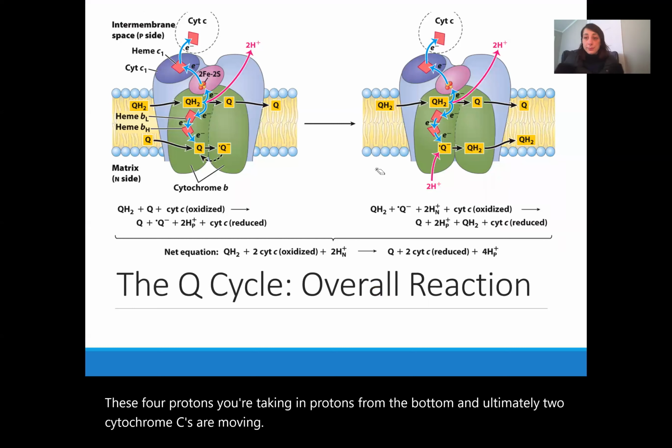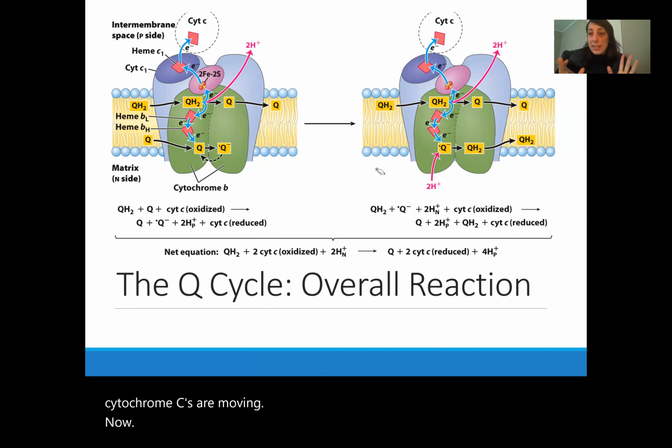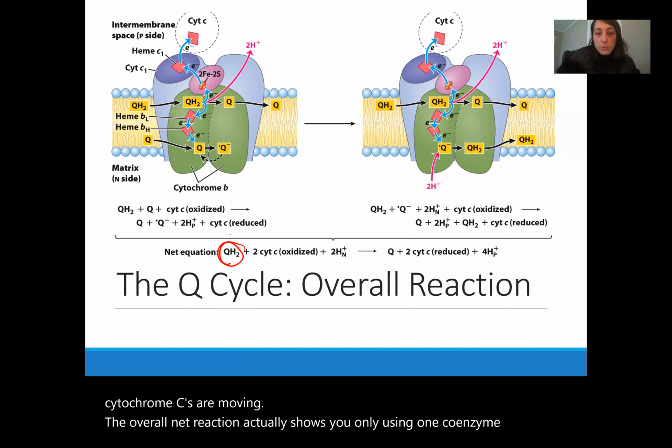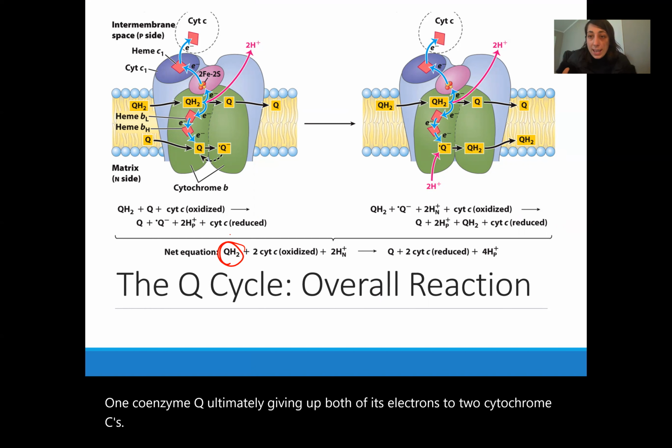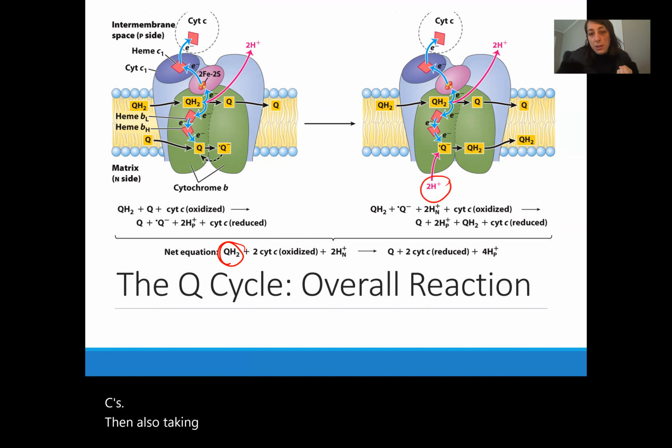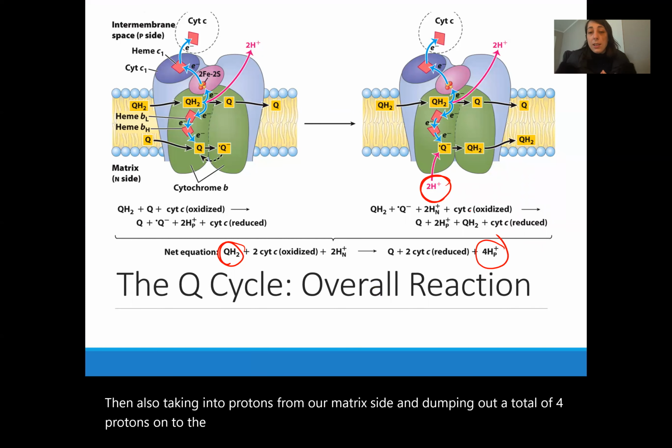Now, the overall net reaction actually shows you only using 1 coenzyme Q, 1 QH2. 1 coenzyme Q ultimately giving up both of its electrons to 2 cytochrome Cs, then also taking in 2 protons from our matrix side and dumping out a total of 4 protons onto the inner membrane side in the overall.